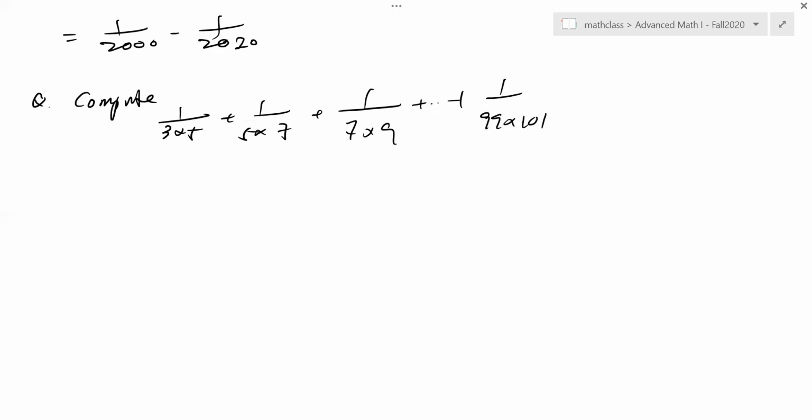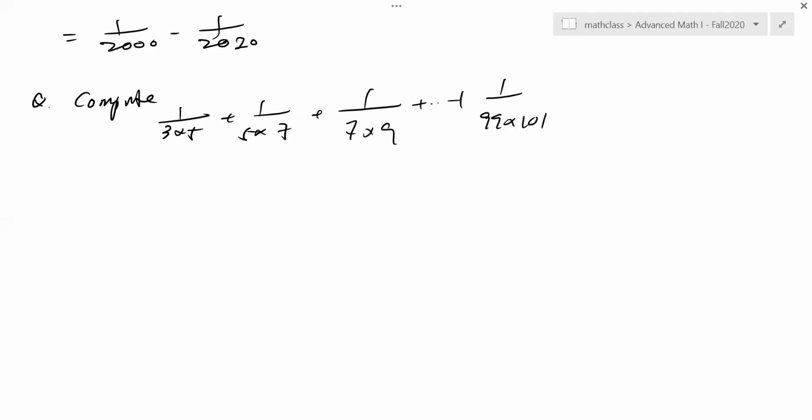So you still have to decompose each term into two different terms. There's a difference, then you can cancel a lot of terms. Otherwise, how many terms are here? We have a lot of terms, from 3 to 99.